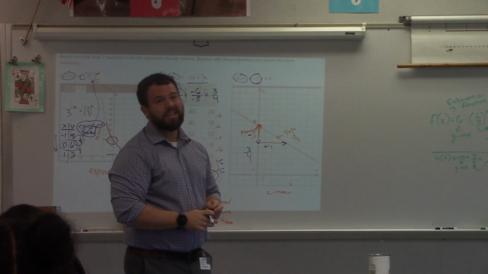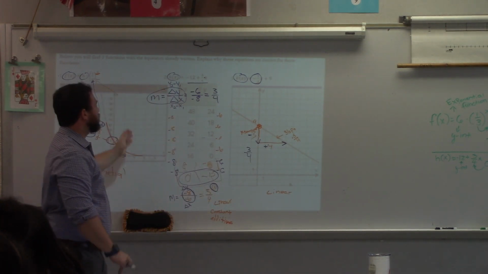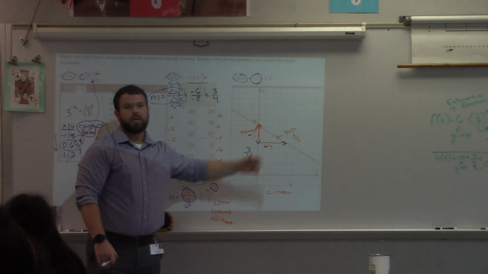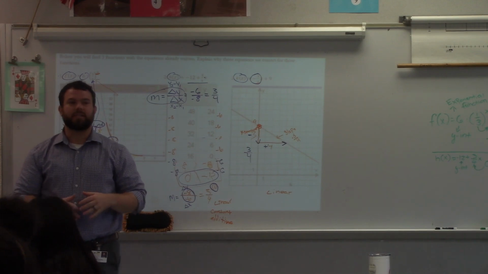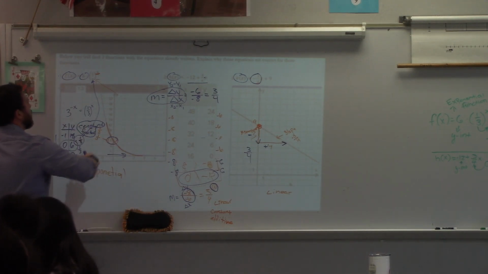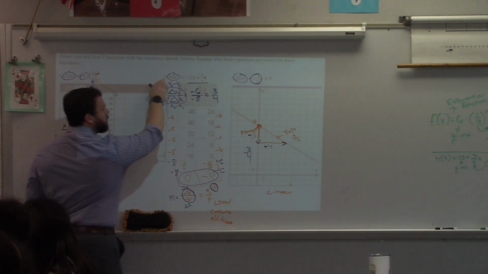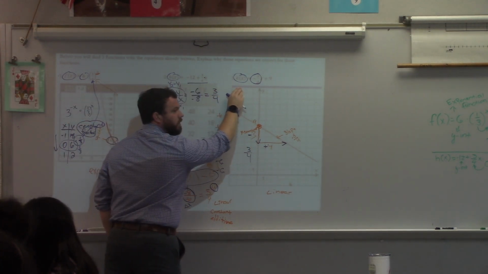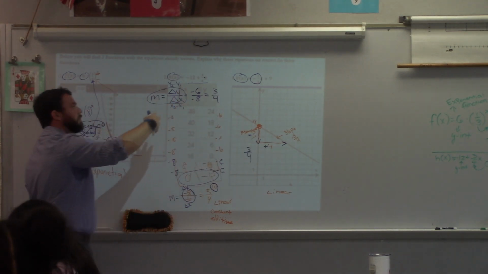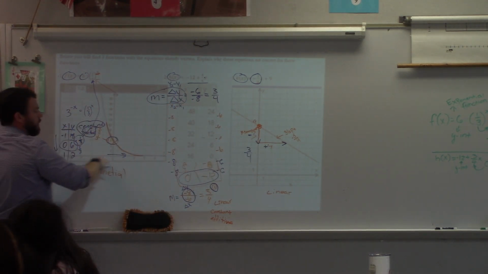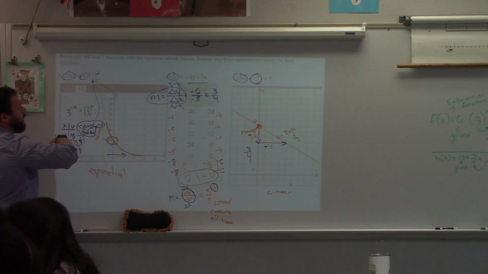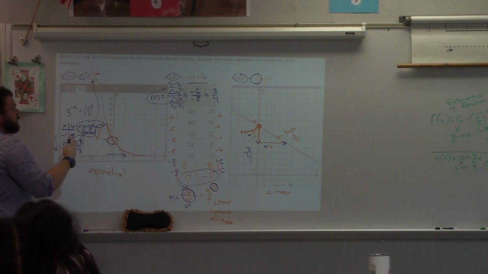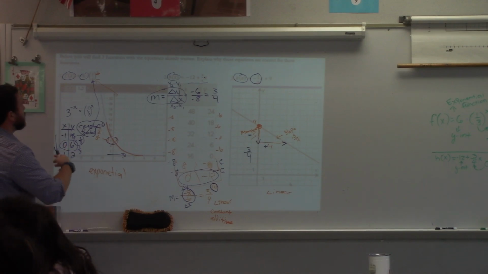I used f, h, and k because these are three different functions. Could have called it m of x, n of x. It just names the function, right? So this is function f, this is function h, this is function k. And you can use whatever input you want, just be aware on a graph we have x and we have y.